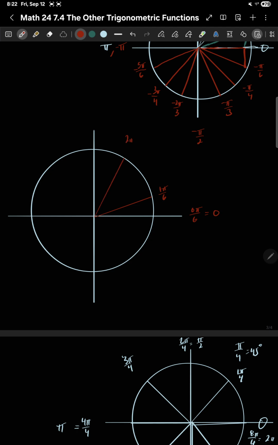This is going to be 2 pi over 6, or simply dividing by 2, pi over 3. 3 pi over 6, or simply just pi over 2 again. So the two angles agree. 4 pi over 6, or simply 2 pi over 3. Skipping the middle again, 5 pi over 6.